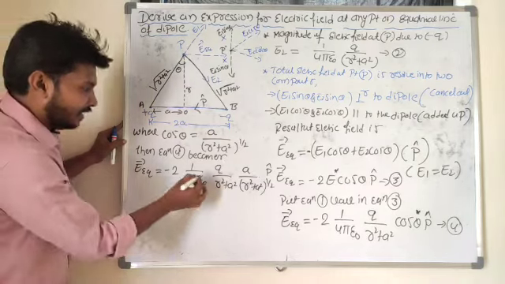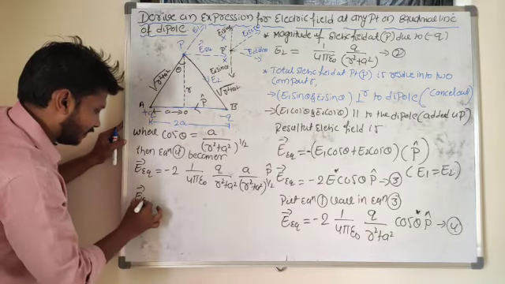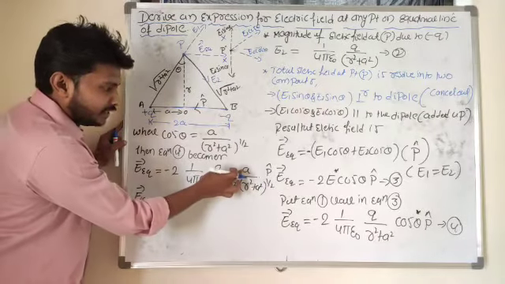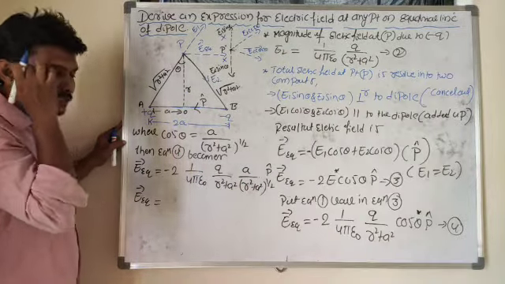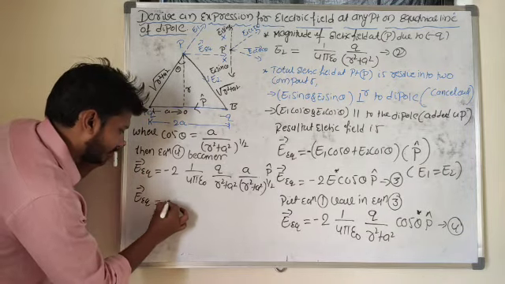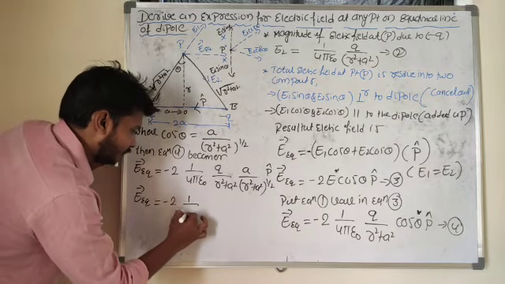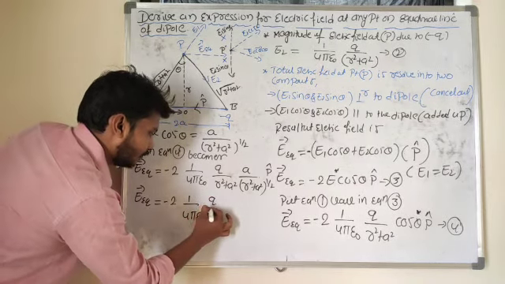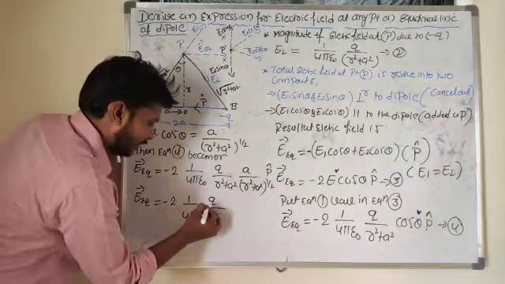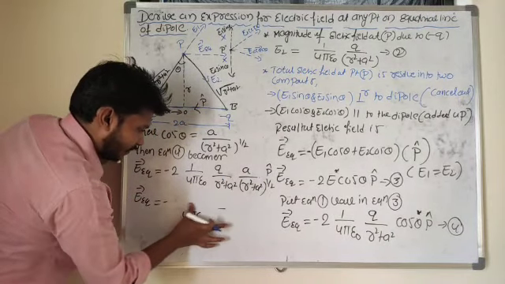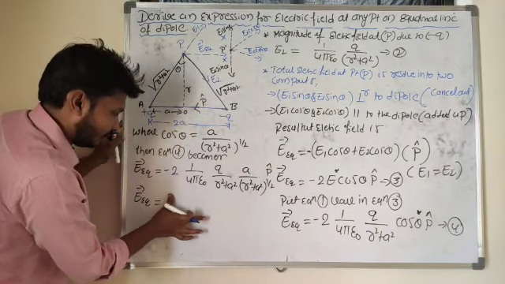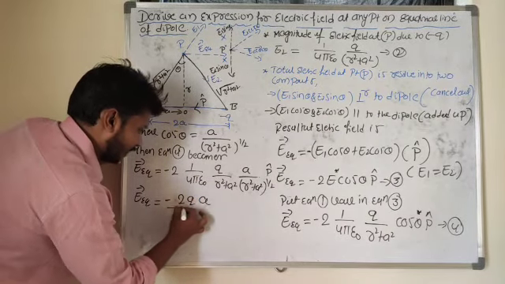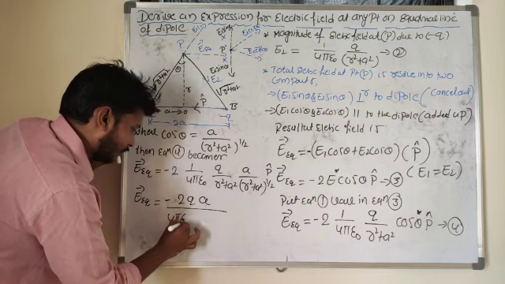Look at the equation here. So minus 2 into 1 by 4 pi epsilon naught Q into A. The denominator I will take to one side, so numerator and denominator I will equate here: minus 2 times Q into A whole divided by 4 pi epsilon naught.